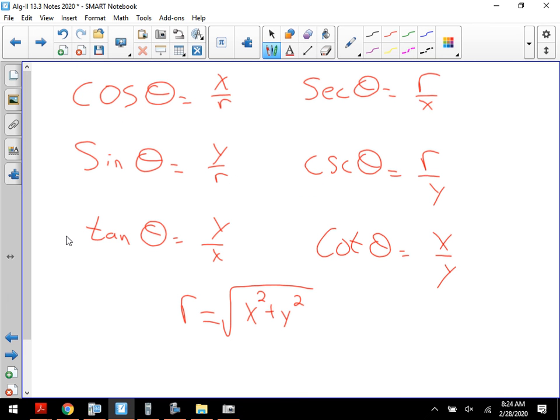We said tangent was y over x, didn't we? What's your y value? What comes first in the alphabet, sine or cosine? Cosine. So what's y? Sine. What's x? Cosine. So your tangent value is opposite over adjacent, sine over cosine.